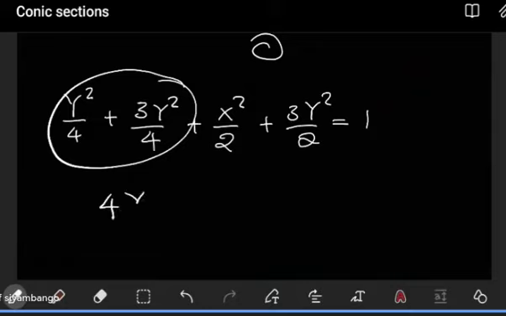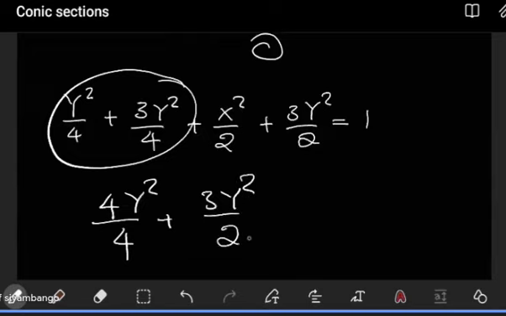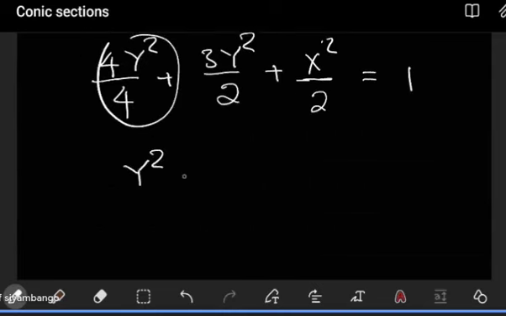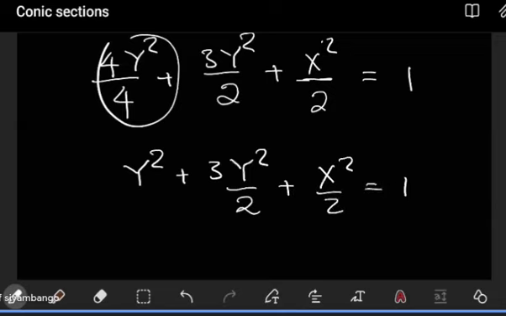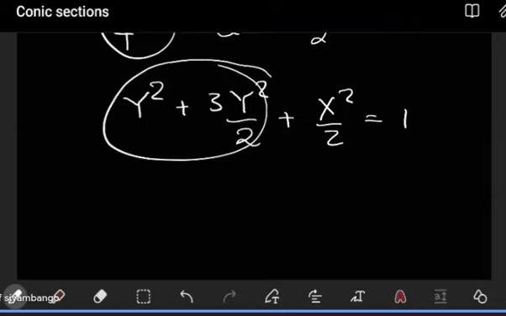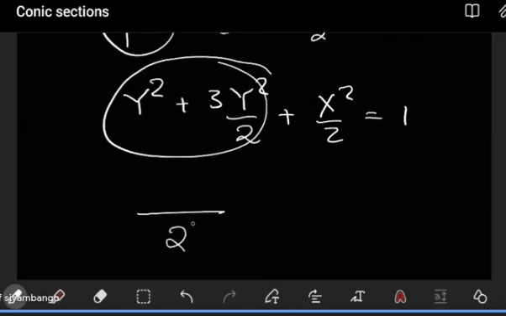This becomes 4y squared over 4. I'll write this one first. Is equal to 1. This is just y squared. And then for this, we have to write them as a single fraction over 2, which becomes 2y squared.